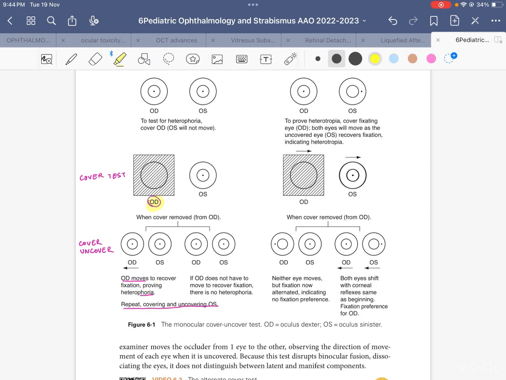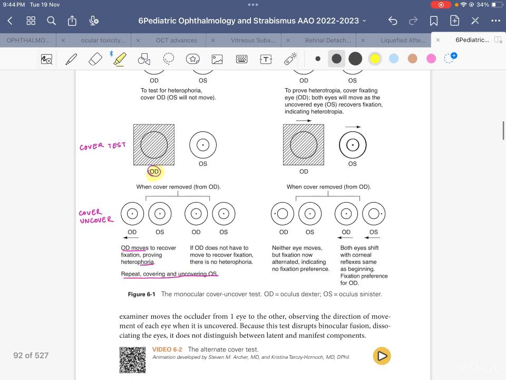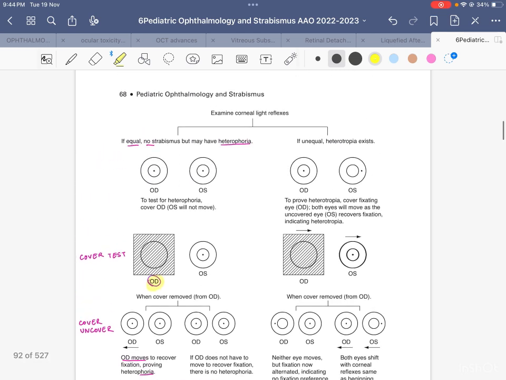When the cover from the right eye is removed, if we notice that the right eye moves to recover fixation, it proves that there is heterophoria. But if the right eye does not have to move to recover fixation, that means there is no phoria. We have to repeat this test by covering the left eye as well, the cover and the cover uncover test.